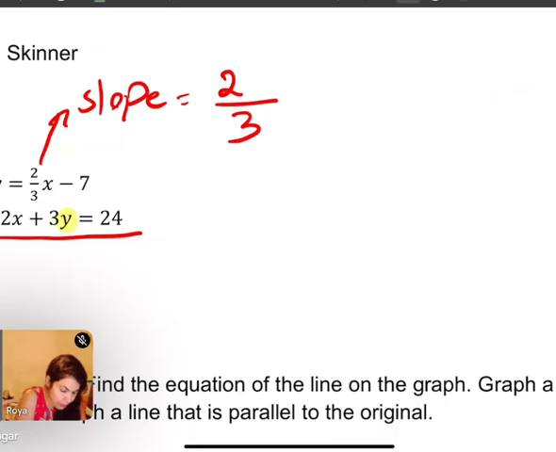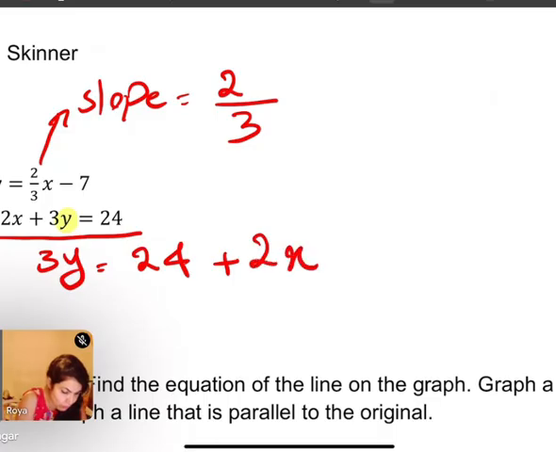So it's going to be 3y equal to 24 plus 2x because we move 2x to the other side, or 3y equal to 2x plus 24.